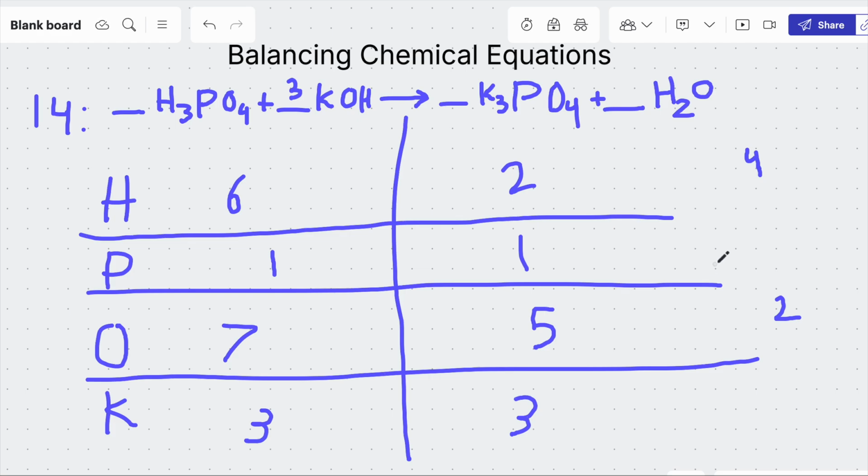So, let's see. If we need to add H's and O's, we're probably not going to want to add K3PO4. That doesn't even have an H in it, and that's a lot of stuff. Probably going to want to add H2O's because that has H's and O's.